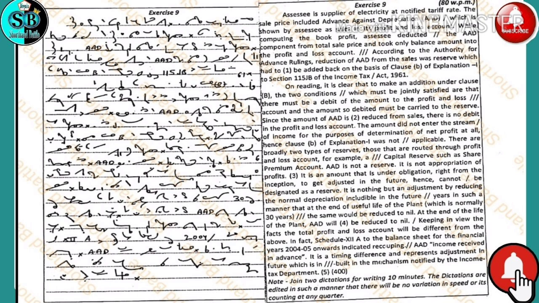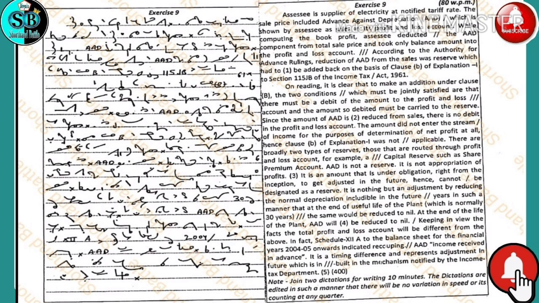AAD is not a reserve. It is not appropriation of the profits. It is an amount that is under obligation right from the inception to get adjusted in the future, hence cannot be designated as a reserve.